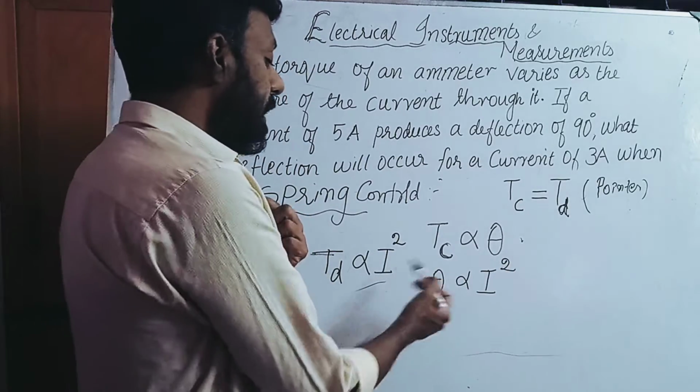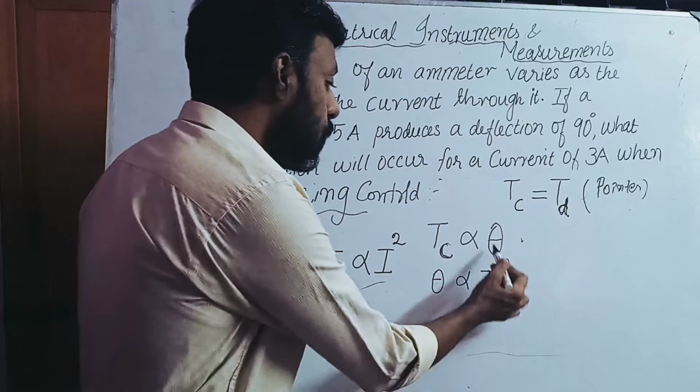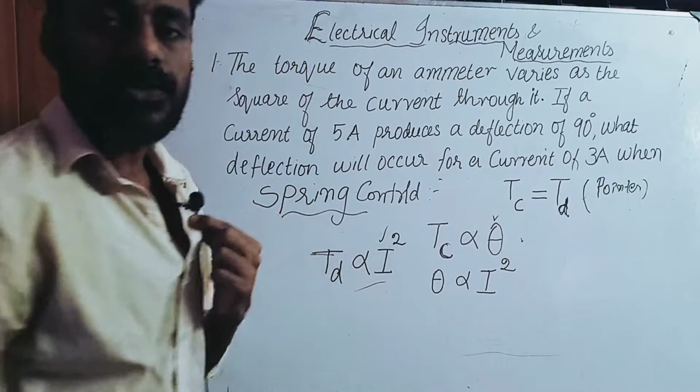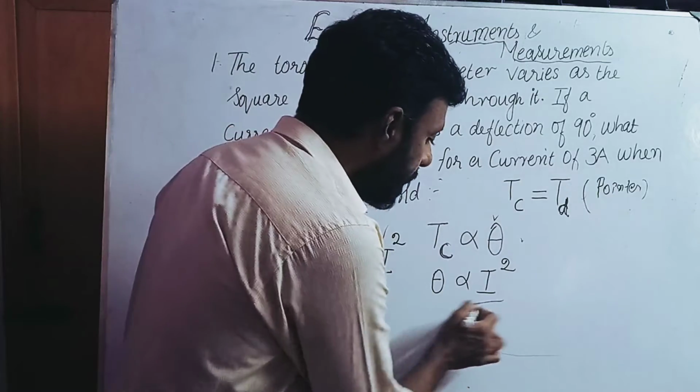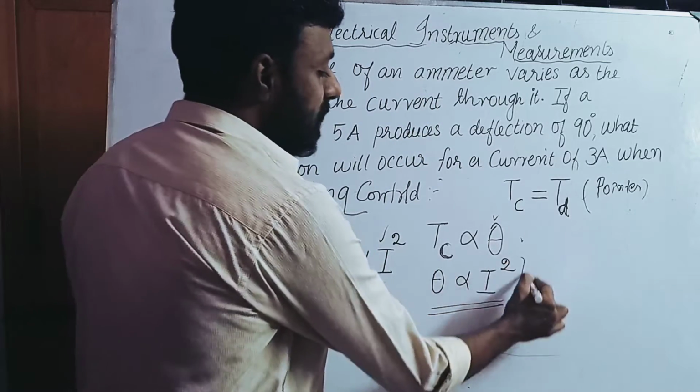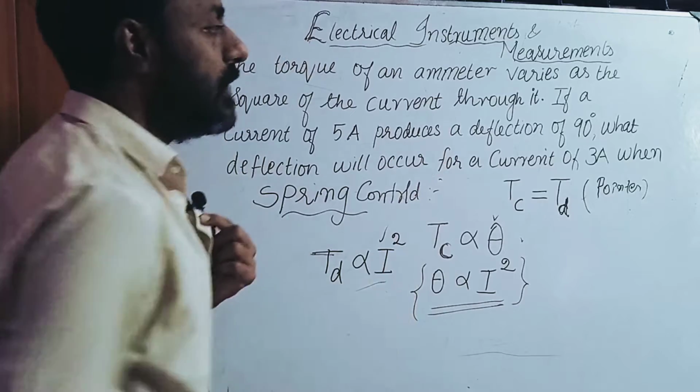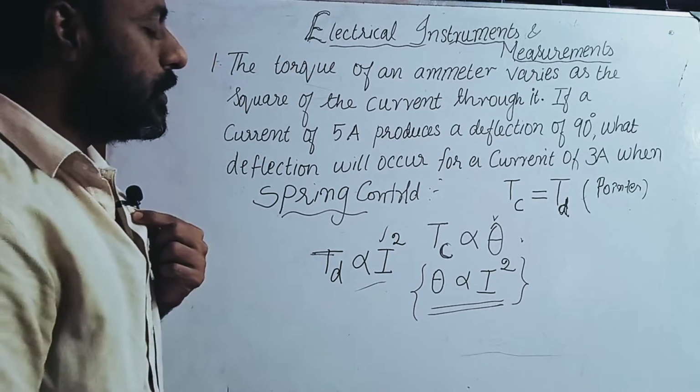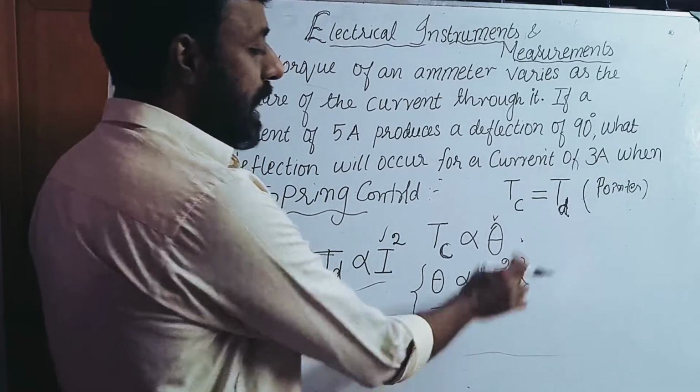Therefore, theta will be directly proportional to I squared. This is the expression that I need to take for solving this problem.